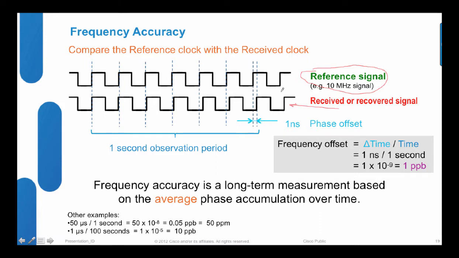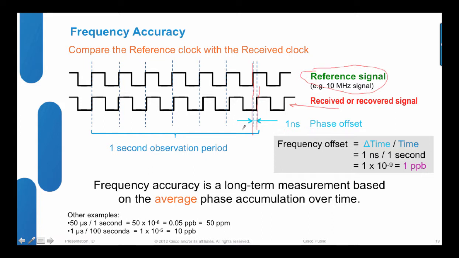The Calnex is taking the reference and comparing it with the received, looking at the phase difference, which is greatly exaggerated here. And this has to be within a certain parameter, and you're looking at nanoseconds for it to be passing the various ITU standards.